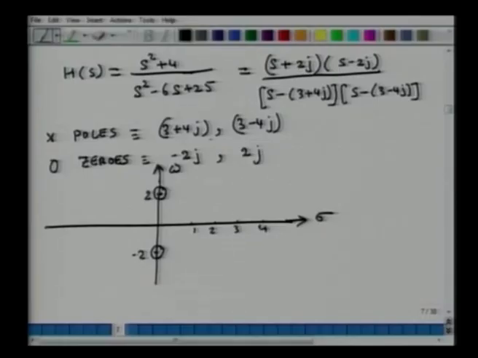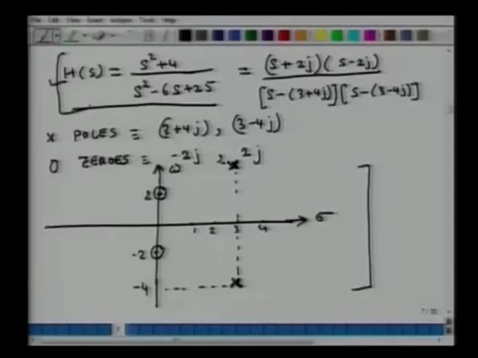So it is 3 plus and minus 4j. So let's say this is 4. So I have a pole here, and I have another pole at 3 minus 4j. Minus 4, and then I have plus 4 on the positive side. So this is the representation of my poles and zeros for this transfer function H(s).